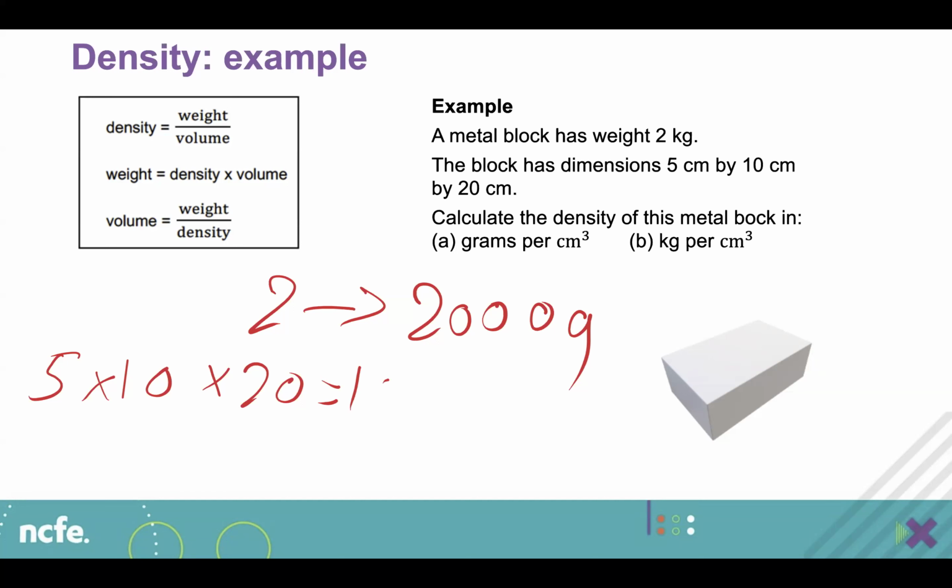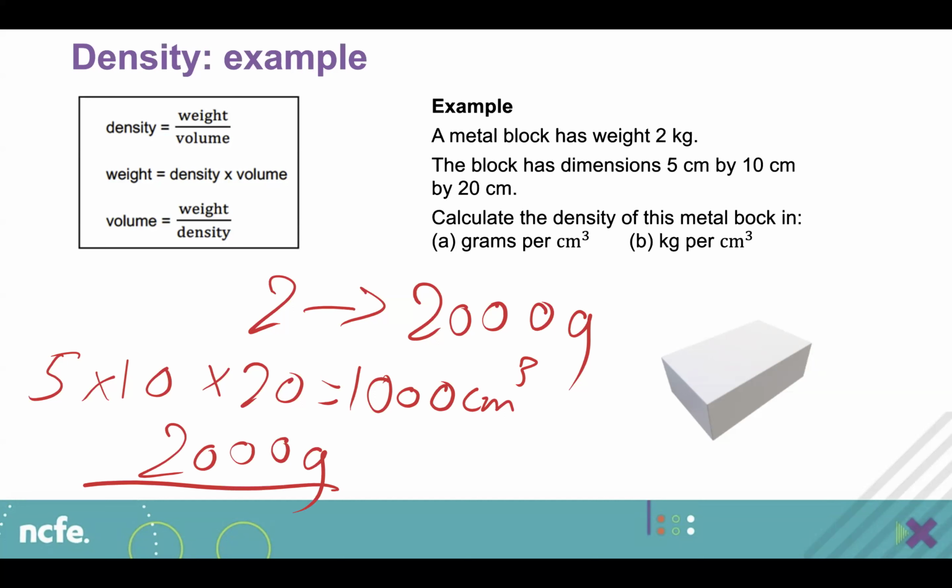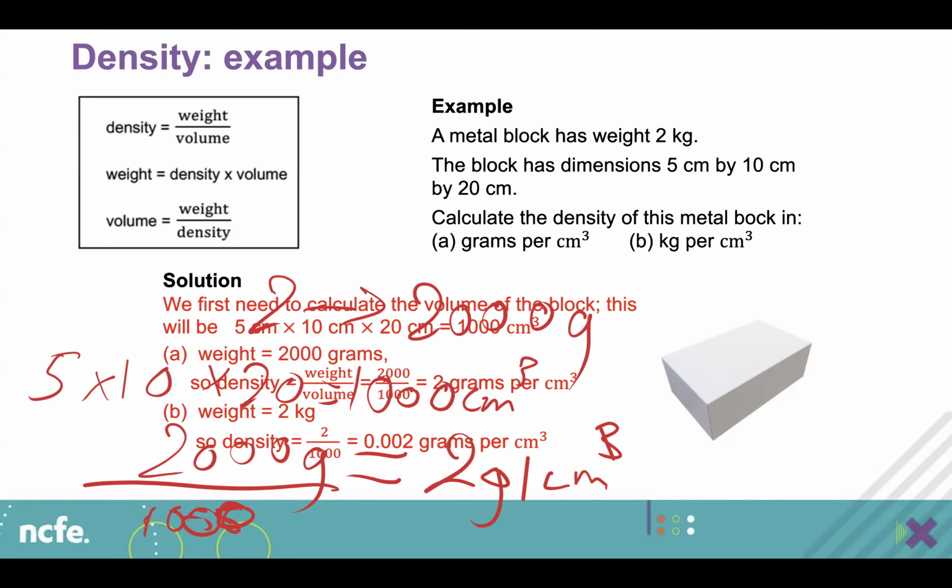1,000 cm cubed. So to work out the grams per cubic centimeter for the density, it is the weight, which is 2,000 grams, over the volume, which is 1,000 cm cubed, which equals 2 grams per cm cubed.